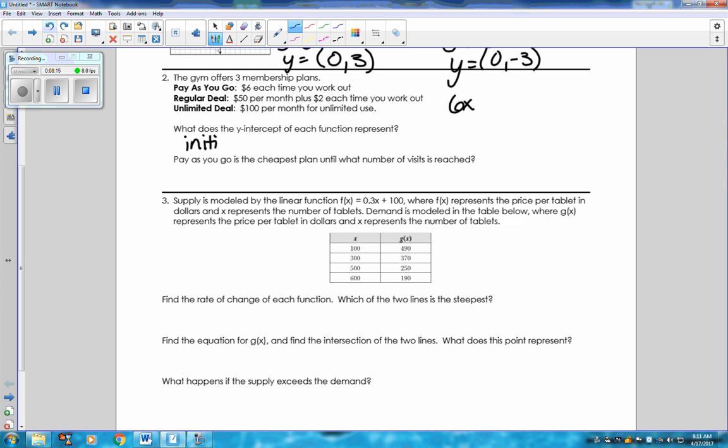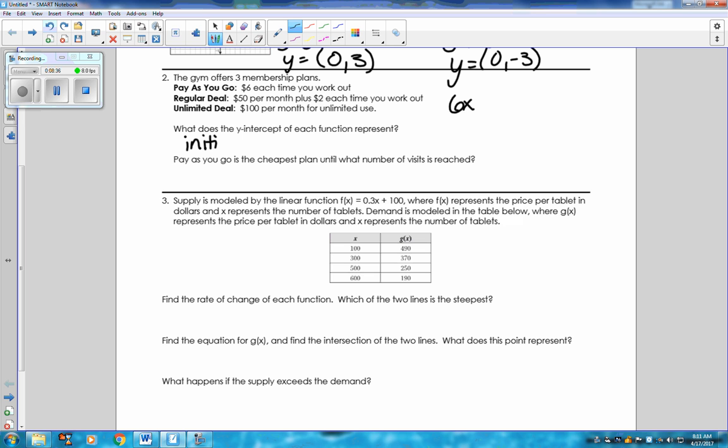Do y'all agree that we could be under $100 per month? So I'm going to compare pay-as-you-go to the regular deal, because the regular deal can end up being smaller than the unlimited deal. Do y'all get that?